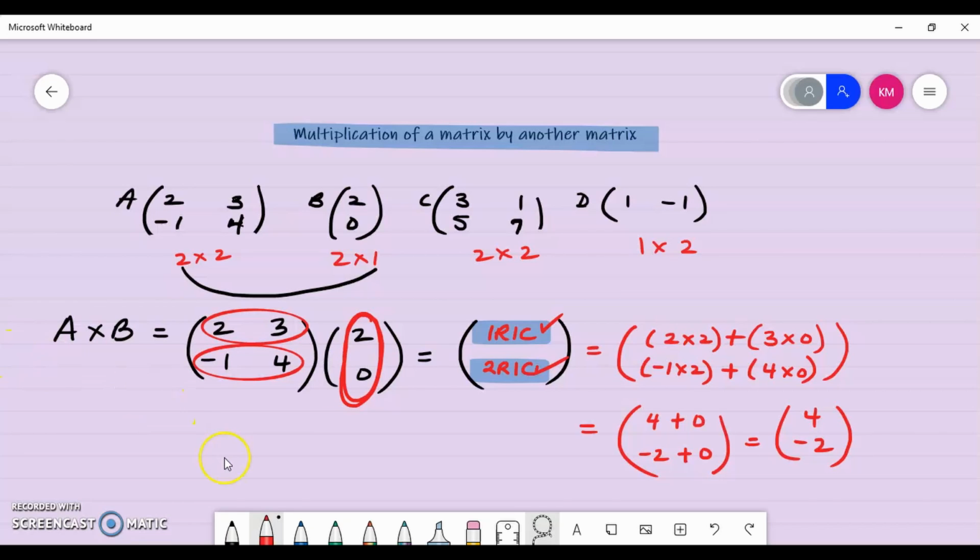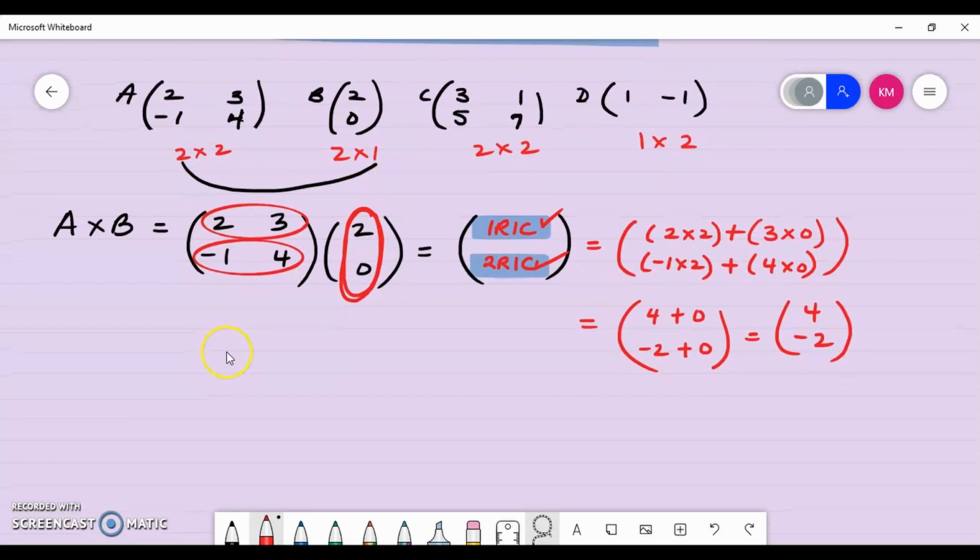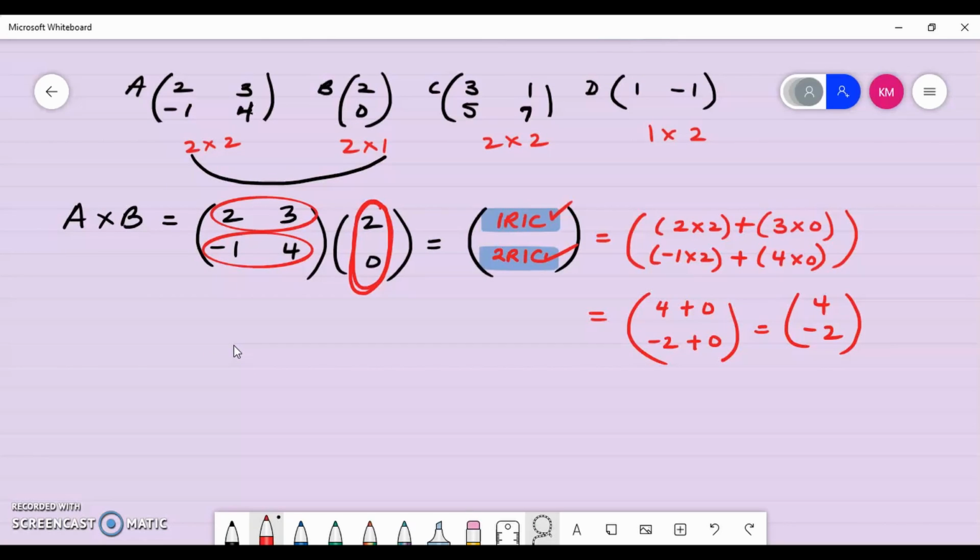Let's try another one. Let's multiply A by C this time. So A by C is going to be 2, 3, -1, 4, multiplied by 3, 1, 5, 7.